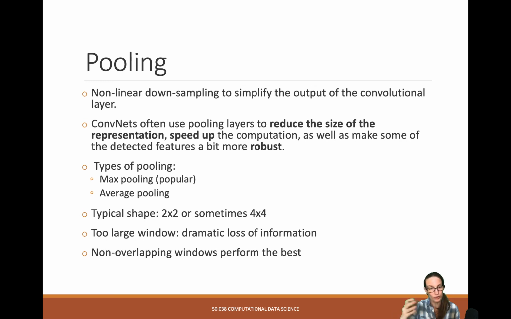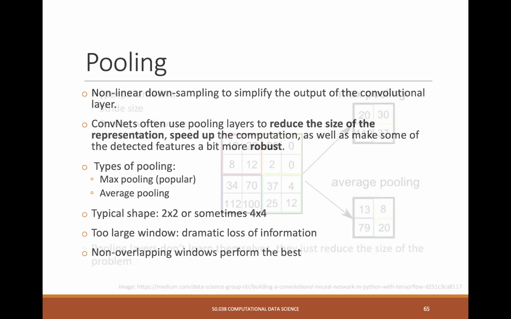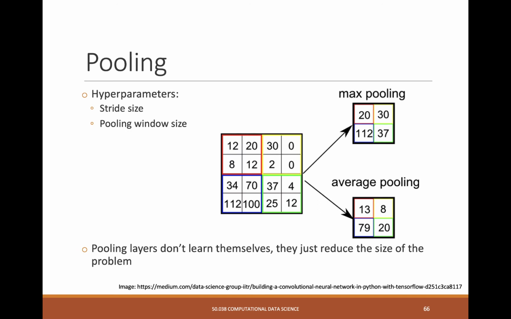Also, non-overlapping windows perform best, so your hop size will typically be the same as your pooling size. In max pooling, you see here that there are non-overlapping windows. For each pooling window, we calculate one number.